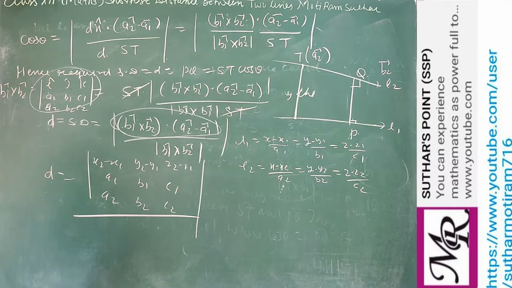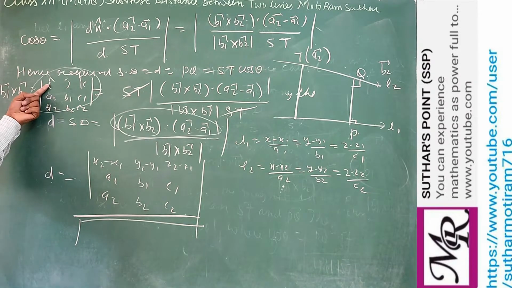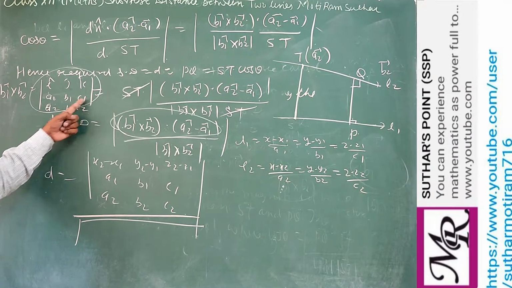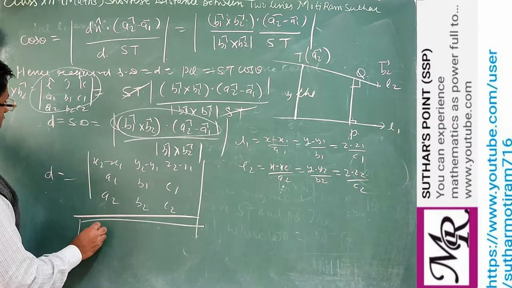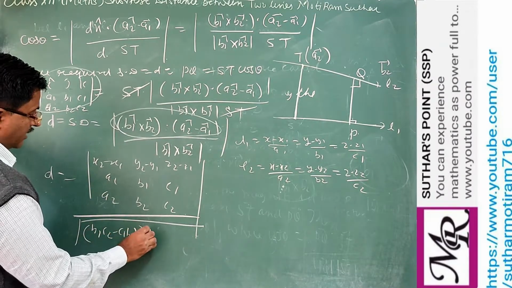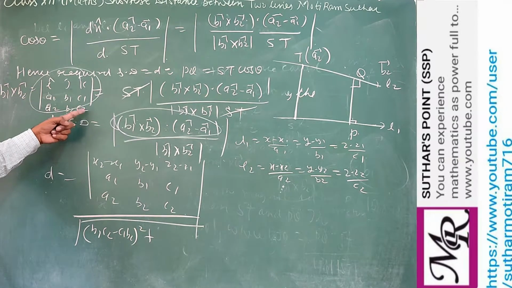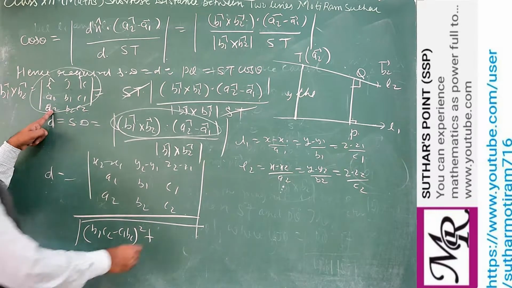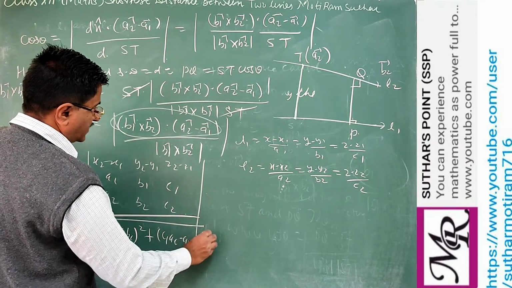So it may be written in the form of this formula. If you take i, then it will be (b1 c2 minus c1 b2) whole square. Clear? Then minus, minus plus, change the sign. For j, a1 c2, but we are taking plus, that's why it will be (c1 a2 minus a1 c2) whole square.